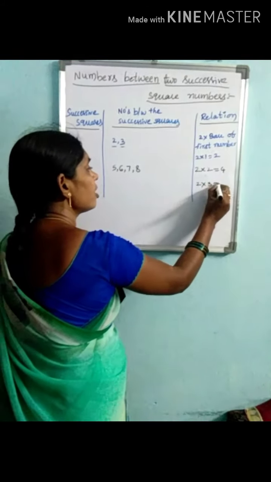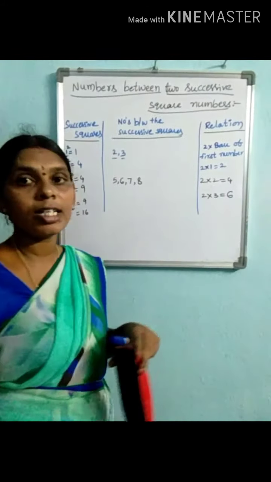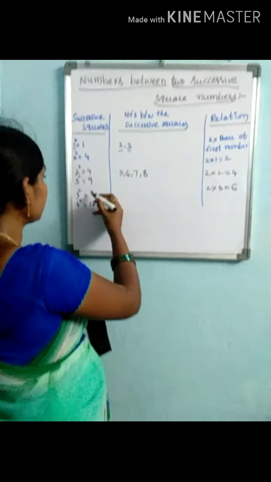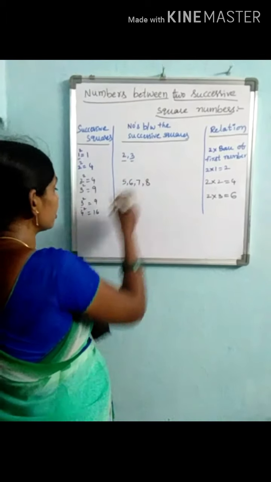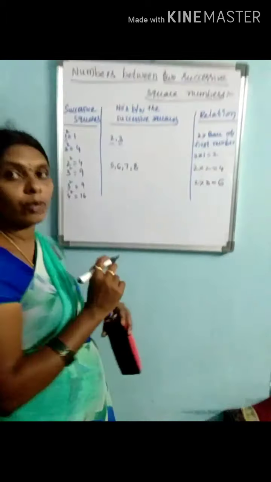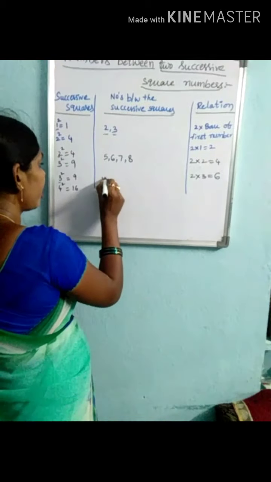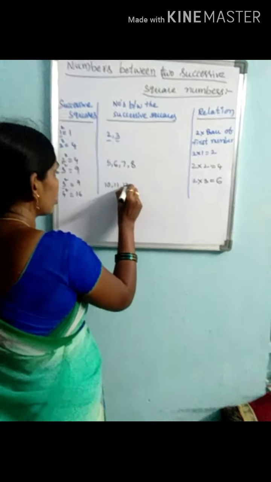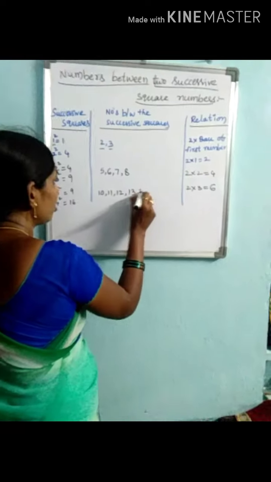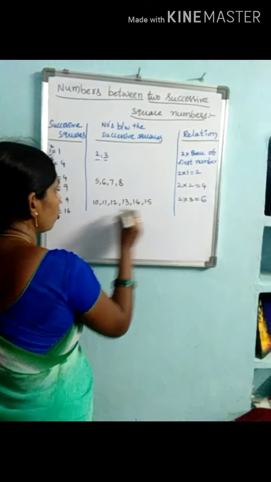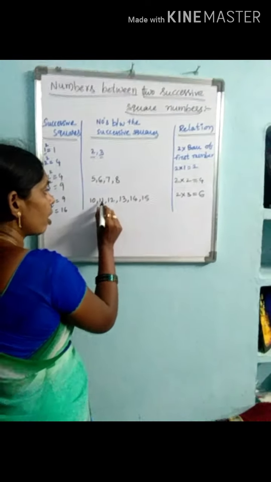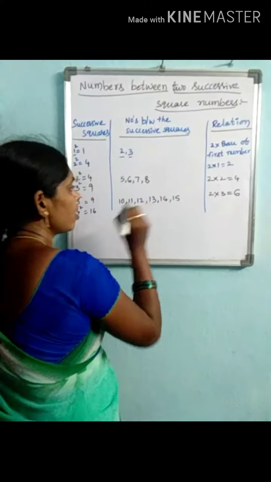So 2 threes are 6. So in between these two squares there are 6 numbers. What are they? After 9 come 10, 11, 12, 13, 14, 15. How many are there? 1, 2, 3, 4, 5, 6.